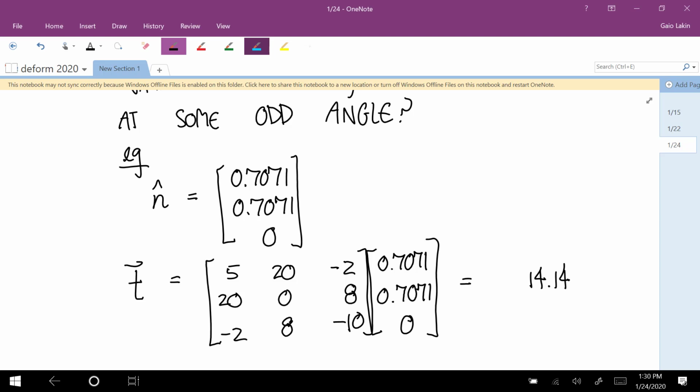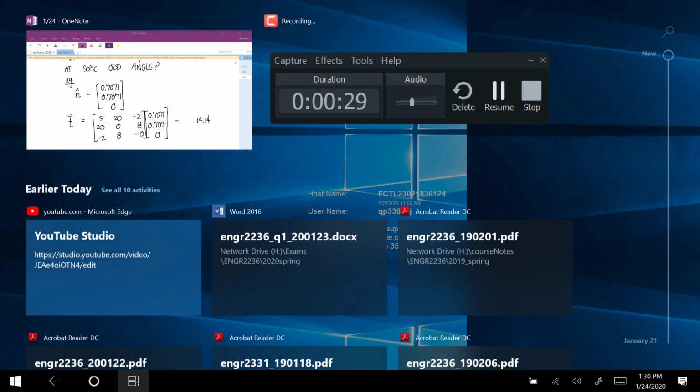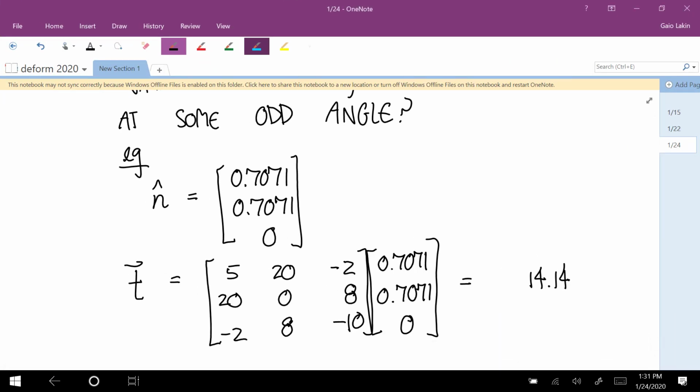I'll do the y component and you guys do the other two. 15.5556. Okay, I'll call it 56. And then what's the third one?